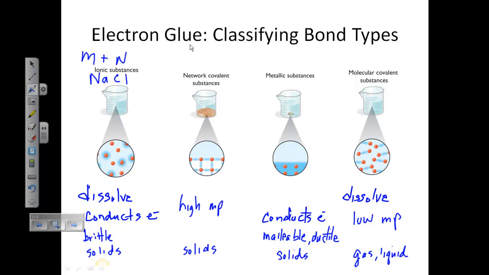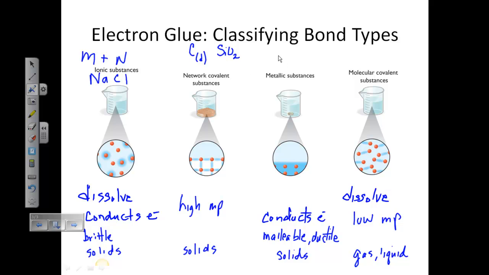So, for example, carbon in the diamond form, and also silicon. Silicon has a tendency to bond with oxygen to make a network covalent compound. Notice the carbon and the silicon are the common group 14 elements that create these very strong network covalent structures.